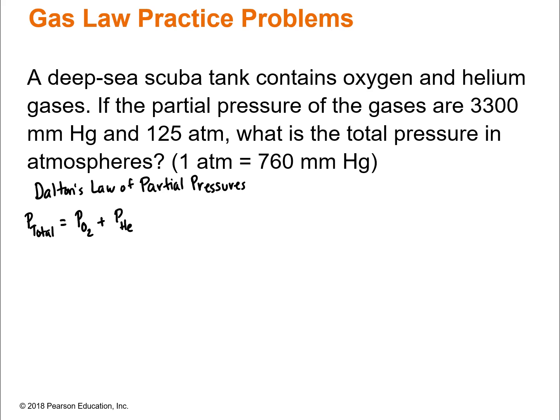Now we're supposed to give the answer in atmospheres, but one of our pressures is in millimeters of mercury. So the first thing we have to do is convert the millimeters of mercury to atmospheres.